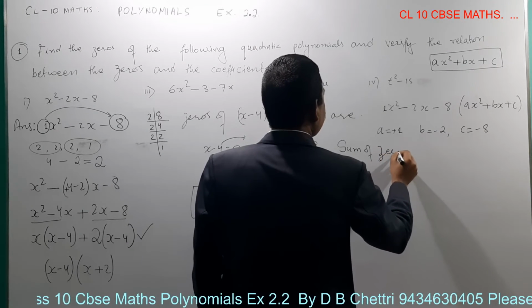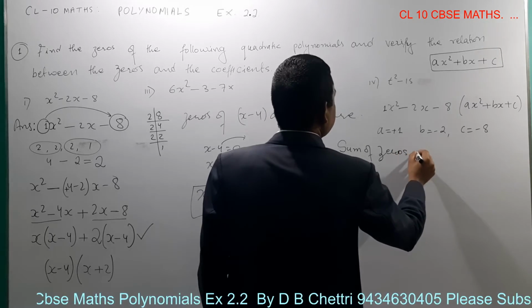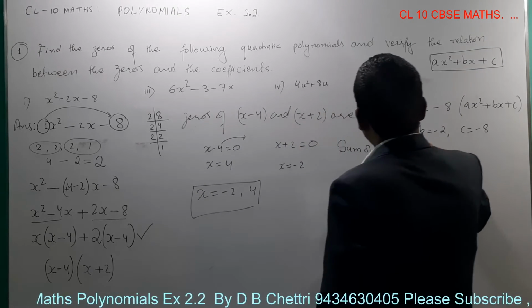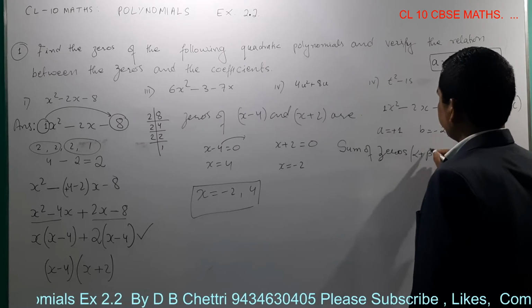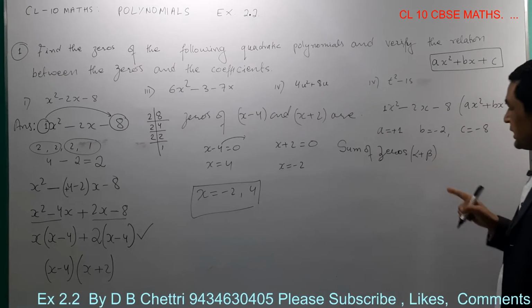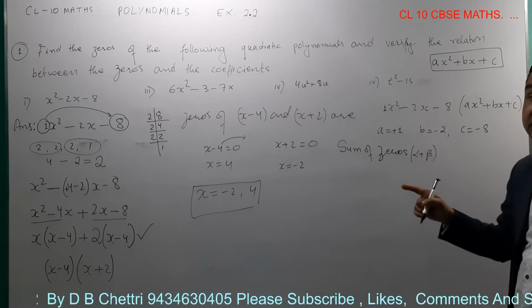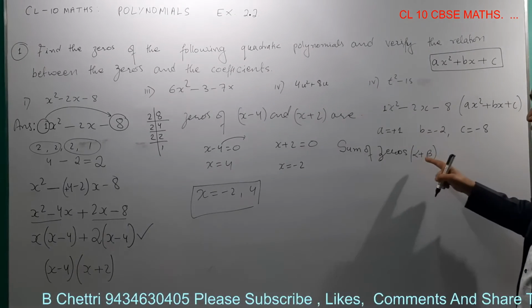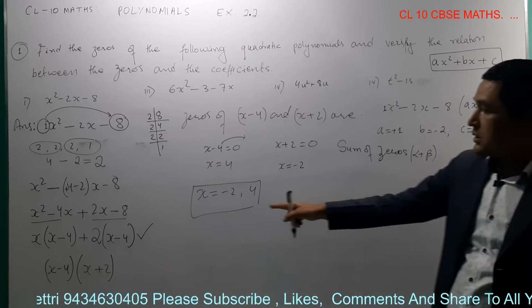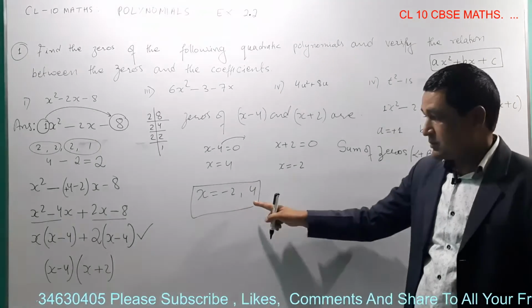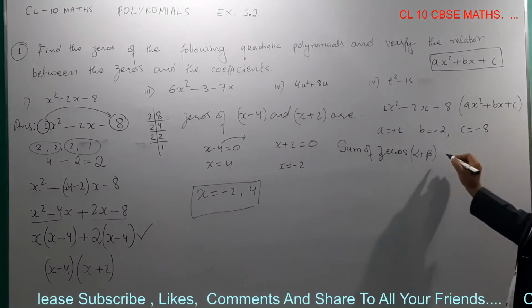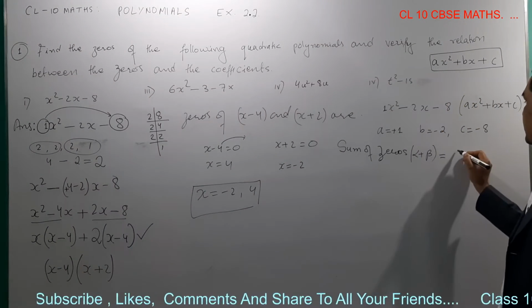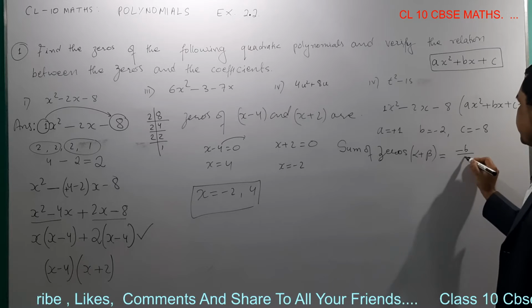Don't get confused between zeros and roots. The sum of zeros formula is alpha plus beta. Alpha and beta are Greek letters representing the two zeros of x. Suppose minus 2 is alpha, then 4 is beta. Then there is a direct formula: minus b by a.